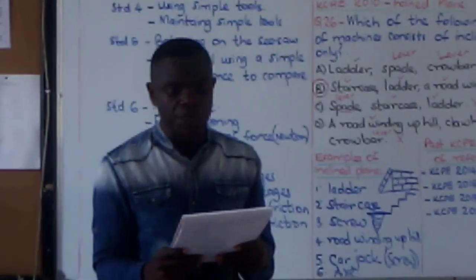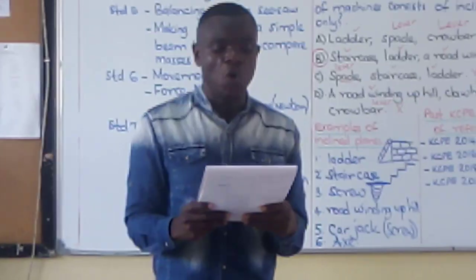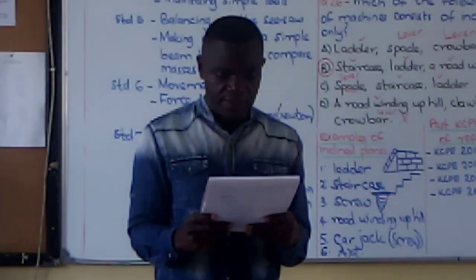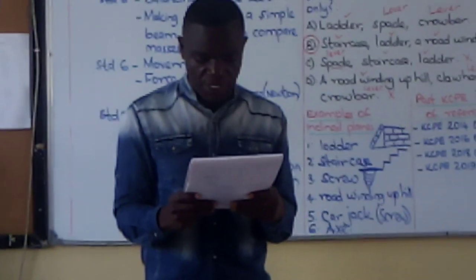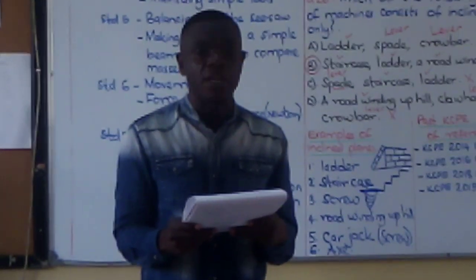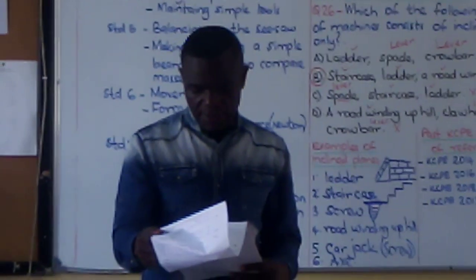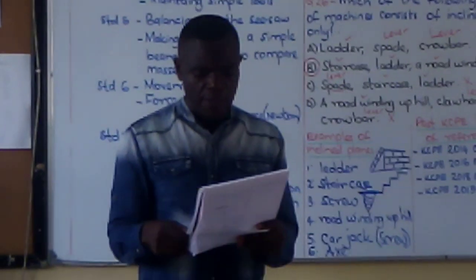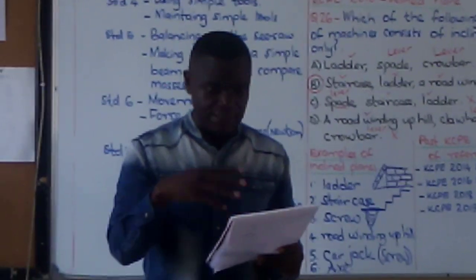Question 49 of 2010, question 43 of 2011, question 40 of 2012. They are talking about balance. Question 35 of 2017 talks about beam balance. And so you need to know that beam balance must come this year when you analyze that.